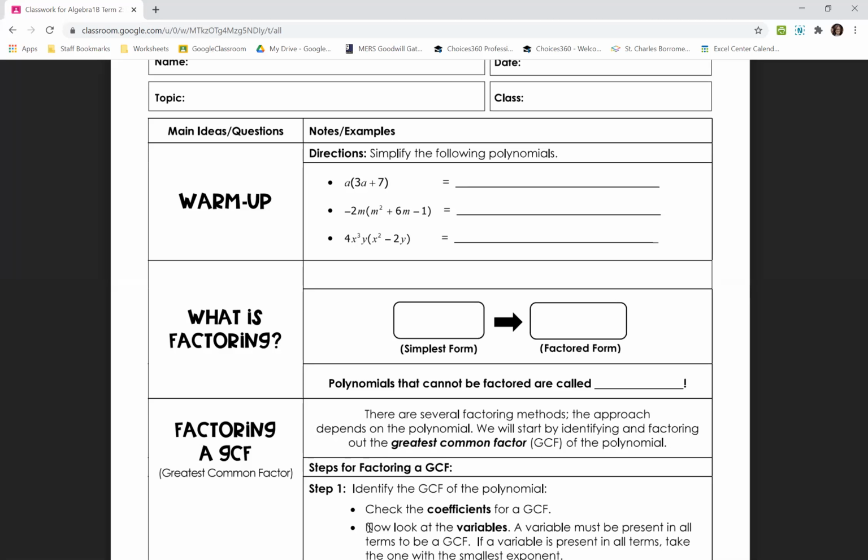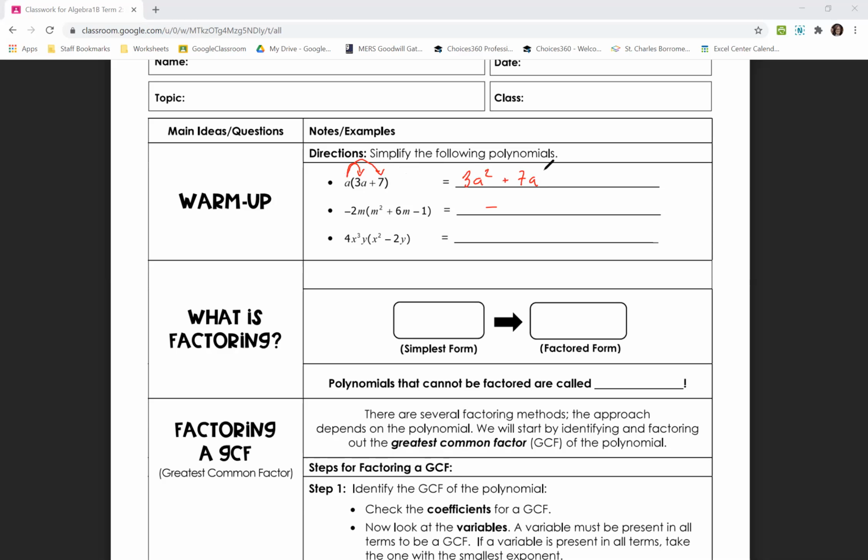Here, if we remember the distributive property, if we have a times two terms in here, you have to distribute the a to each term. So a times 3a is 3a squared, and then a times 7 is a positive 7a. With this step, all we're doing is showing you how we normally go.